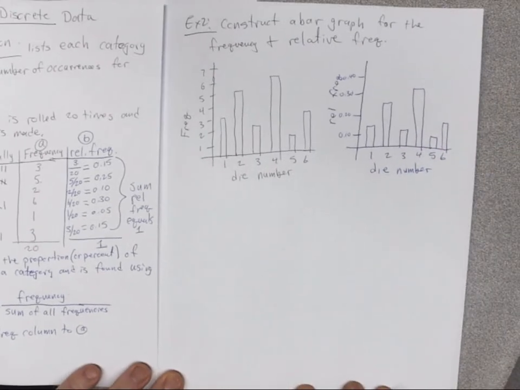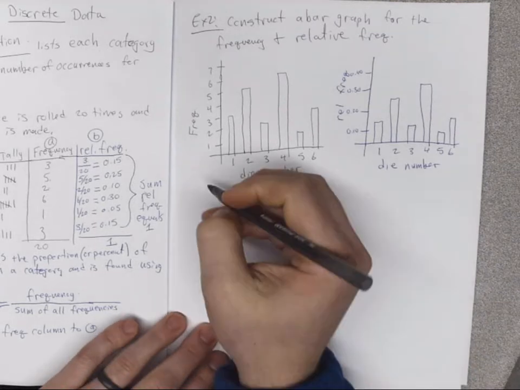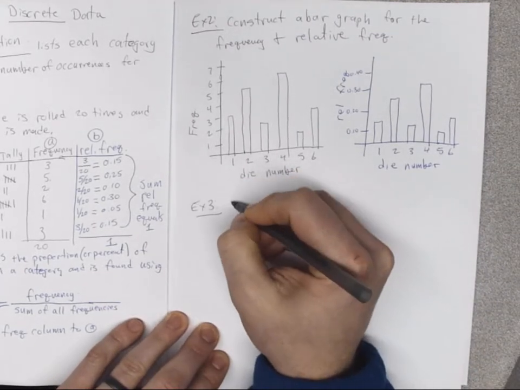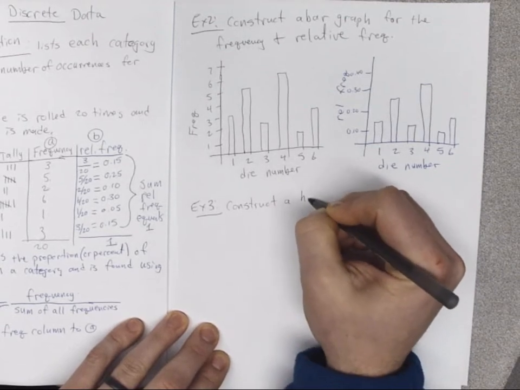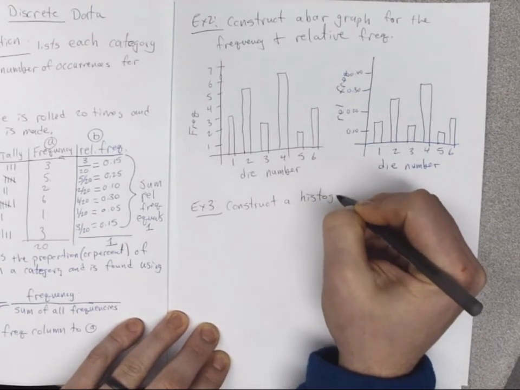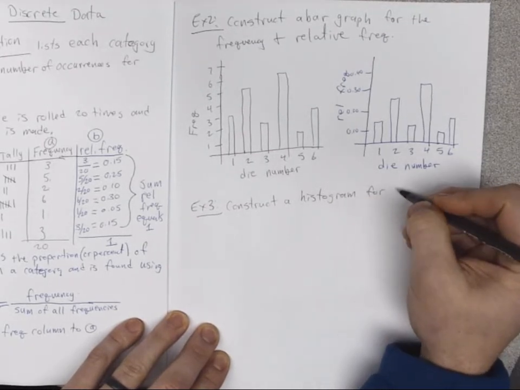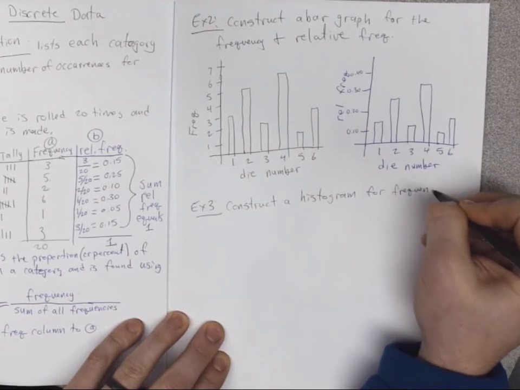The only other thing we need to look at here is what a histogram looks like. And so, nothing better than just doing it by example. Construct a histogram for, let's just do the frequency.